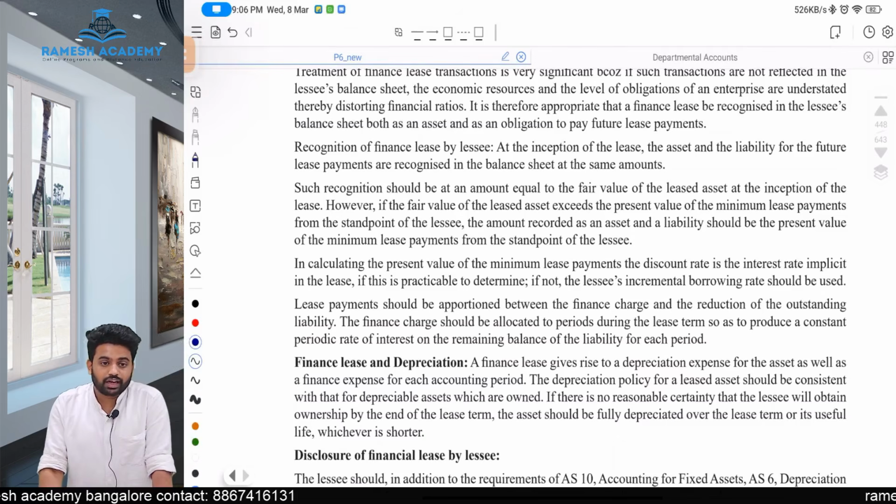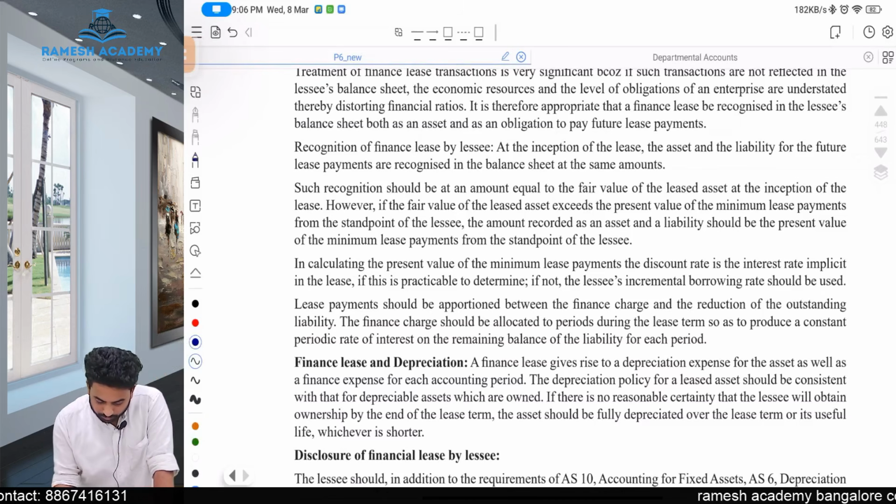It should be at a fair value, okay? The value at which you recognize should be at fair value.